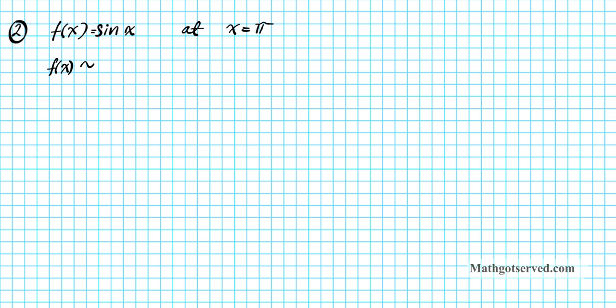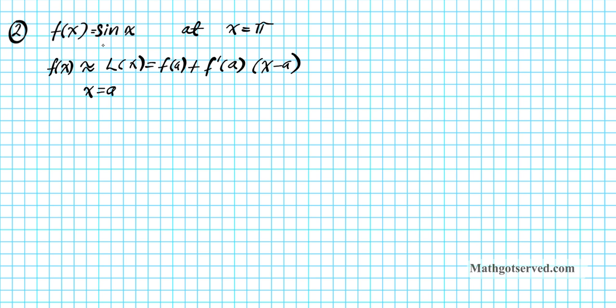The function f of x can be approximated by the linearization, which is f of a plus f prime of a times x minus a. Okay? All right, so let's say that x is equal to a.